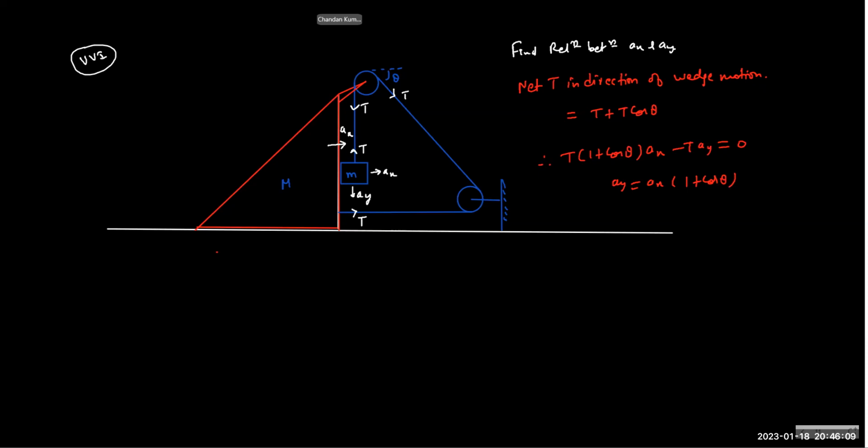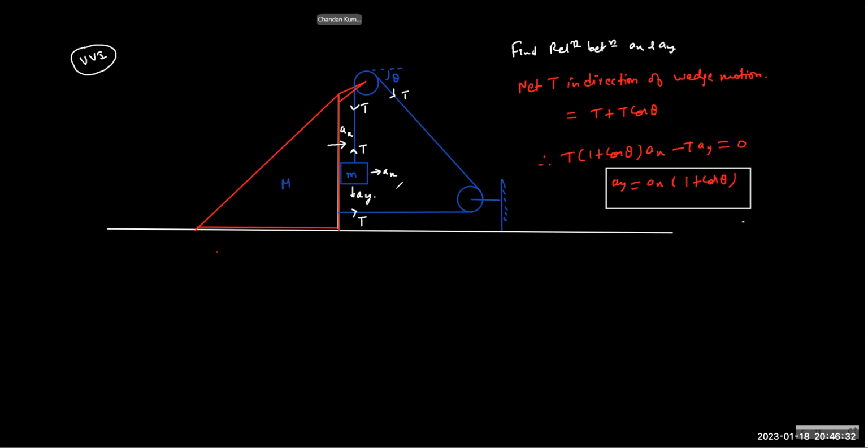I didn't understand why we subtracted TAY. How is the tension acting for the small mass? Upward. And what is the direction of acceleration we have taken? Downwards. What is the angle? 180. So when we write T dot V, it will become negative, isn't it?